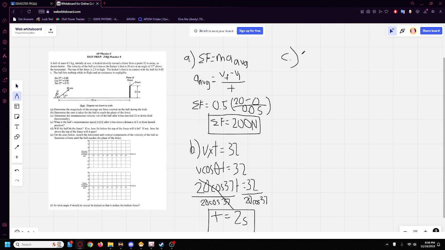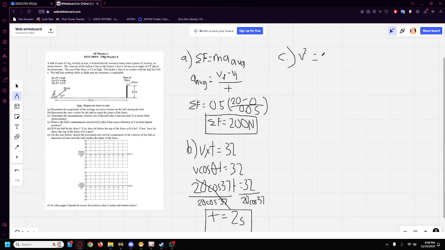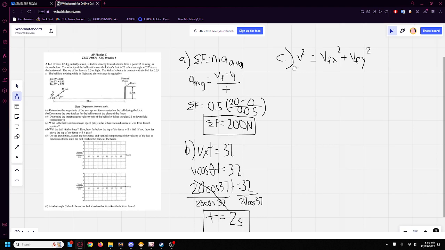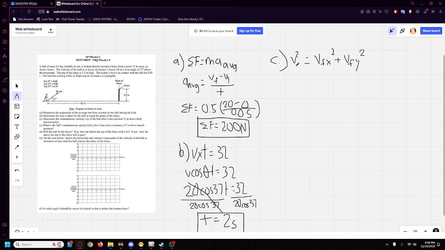So to find the instantaneous velocity, v squared is equal to vfx squared plus vfy squared.